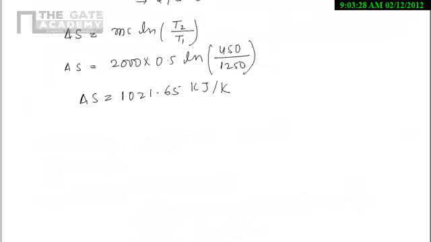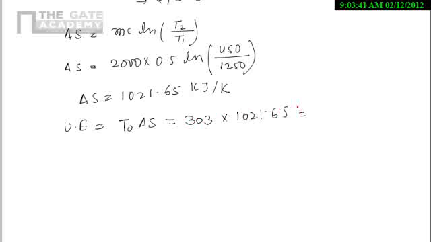Now for unavailable energy we have the formula T naught del S. T naught is 303. If we multiply it with 1021.65, it will come 306495.